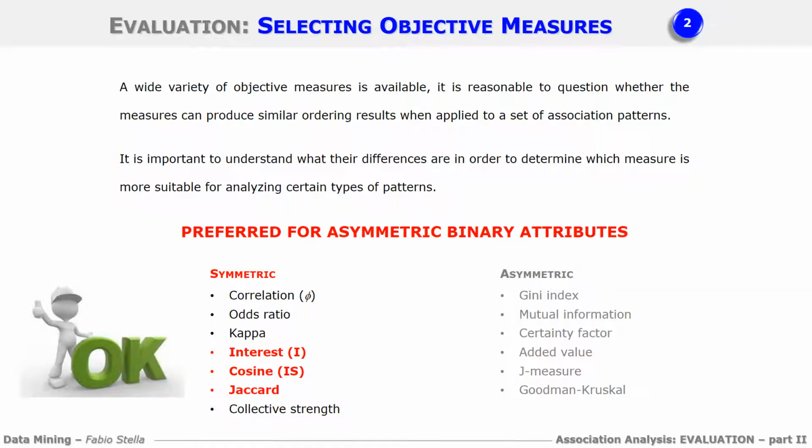While the following symmetric measures, interest, cosine, and Jaccard, are preferred for asymmetric binary attributes. It is worthwhile to mention that cosine is equivalent to the IS measure in the case of binary attributes.